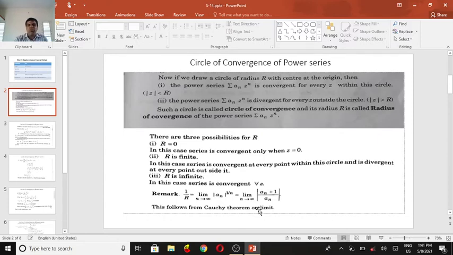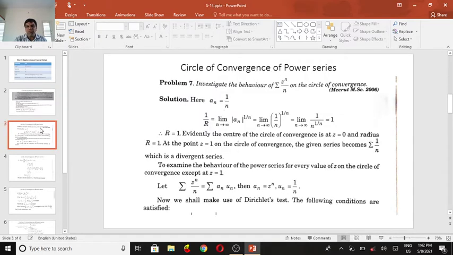This follows from the Cauchy theorem on limits. If r is 0, the series is convergent only at z equal to 0. If r is finite, there is convergence within the circle and divergence outside the circle. If r is infinite, the series is convergent for all z.